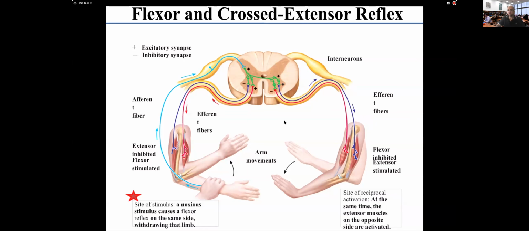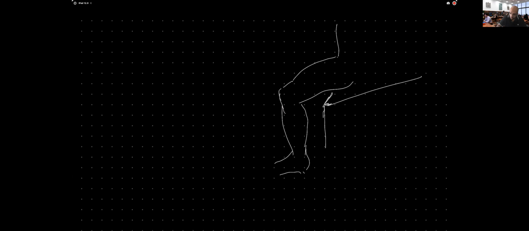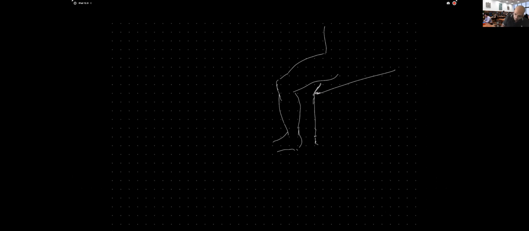So you went to the beach and you are sitting here. Let me draw this. I'm fishing, sitting on the ocean and putting my leg down like this, in the water.